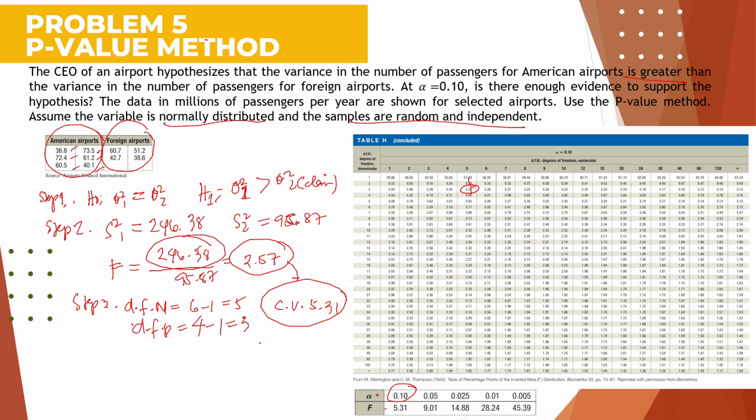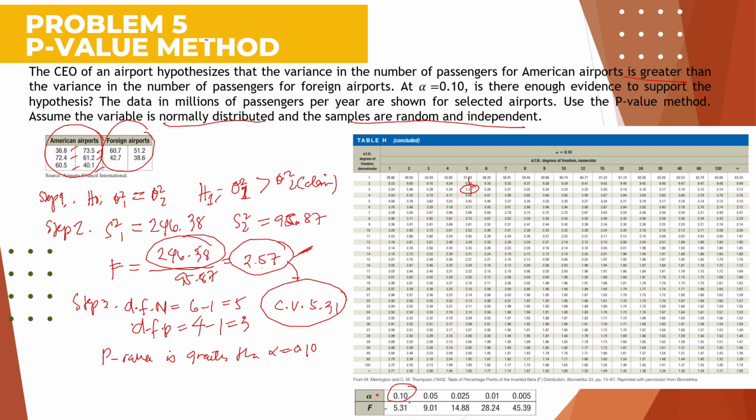Since our critical value is 5.31, we could say that the p-value is greater than alpha 0.10. Why? This F value, 2.57, is lesser than 5.31, which is for our alpha of 0.10.